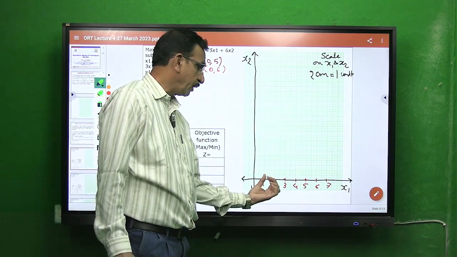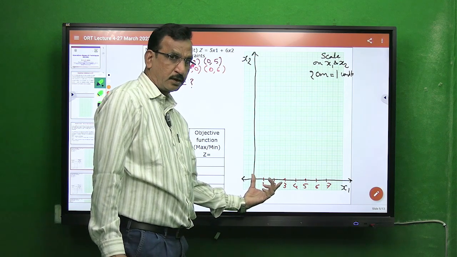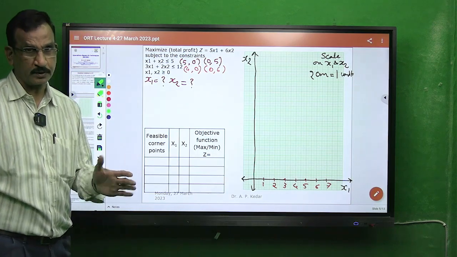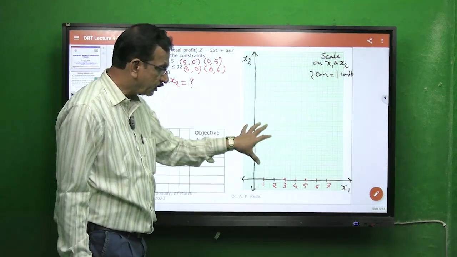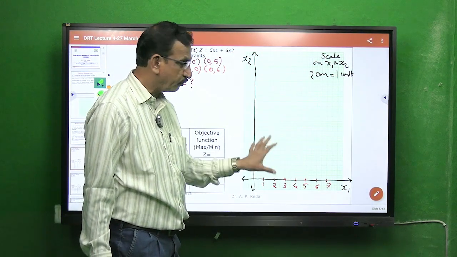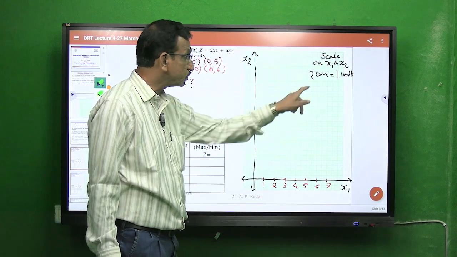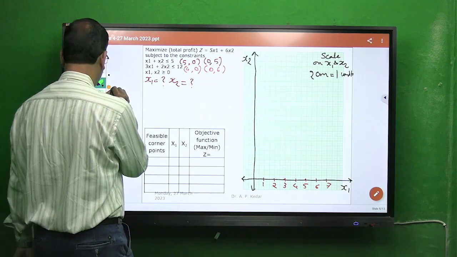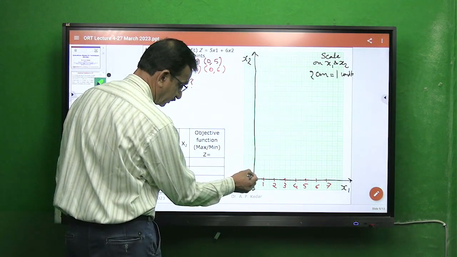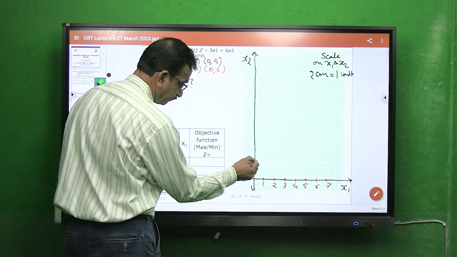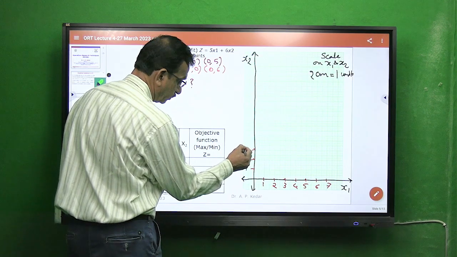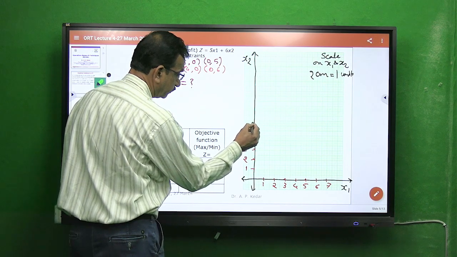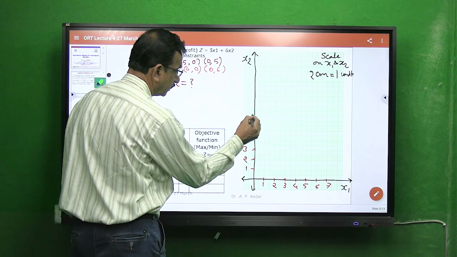So I am enlarging this space. If it is more value, we have to reduce the scale, like 1 centimeter equal to 50 units, like that. So for a clear figure, being the first problem, I have taken 2 centimeter equal to 1 unit. Same I will be plotting on the y-axis or x2 axis: 1, 2, 3, 4, 5, 6, 7.